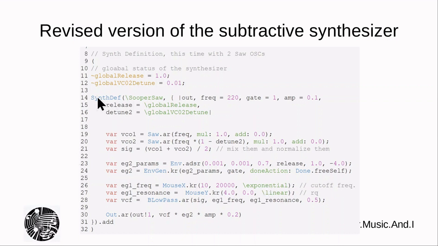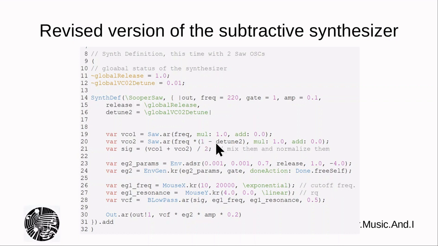Okay, and then there are two more things that I added, and these are the two lines here, 11 and 12. I specifically named them global release and global VCO2 detune, and from the names you can get the function of it. This is a global variable that stores the release time for the synthesizer, and this is a global variable that stores the amount of detune for the second VCO.